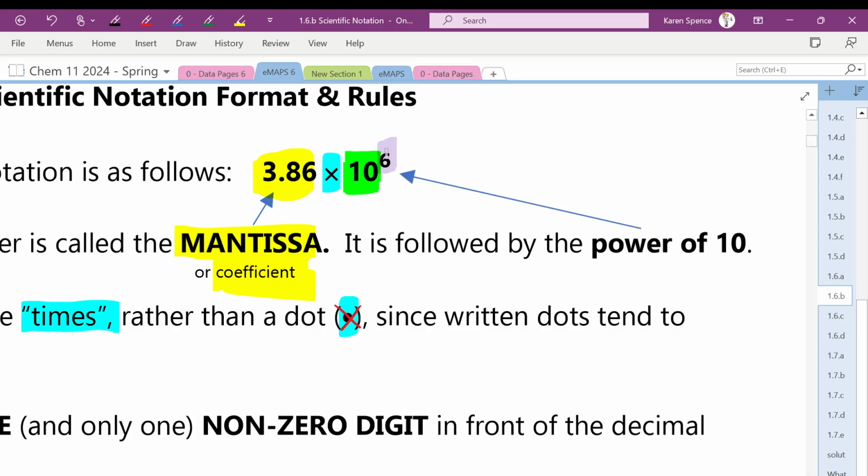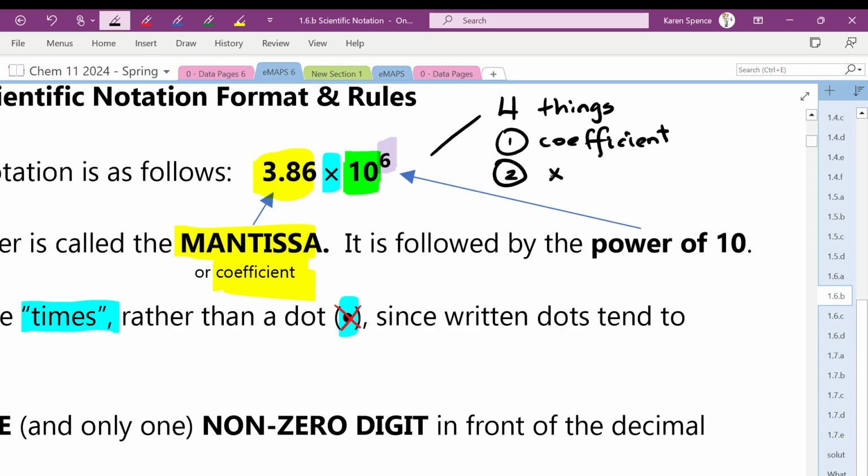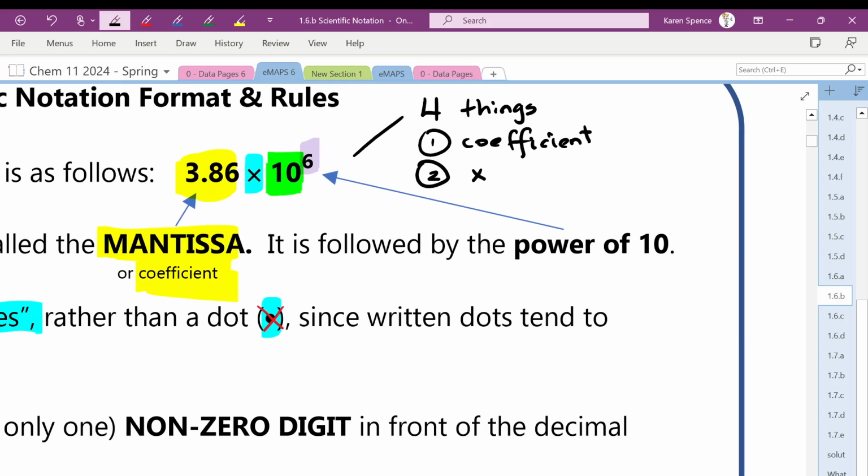So you need 4 things. Number 1, you need the coefficient. Number 2, you need the times sign. Number 3, you need a 10. And number 4, you need the power of 10. Okay, so 4 things, 4 colors there.